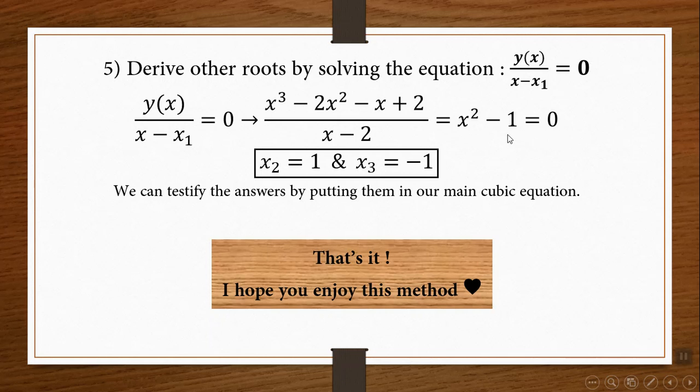By putting this expression equal to 0, we'll have the answers x2 equals 1 and x3 equals negative 1. So we can find 3 roots of our equation by the derivative method or Ahad method.